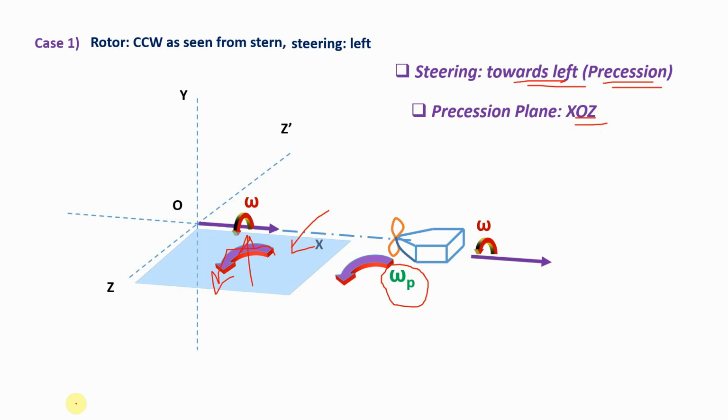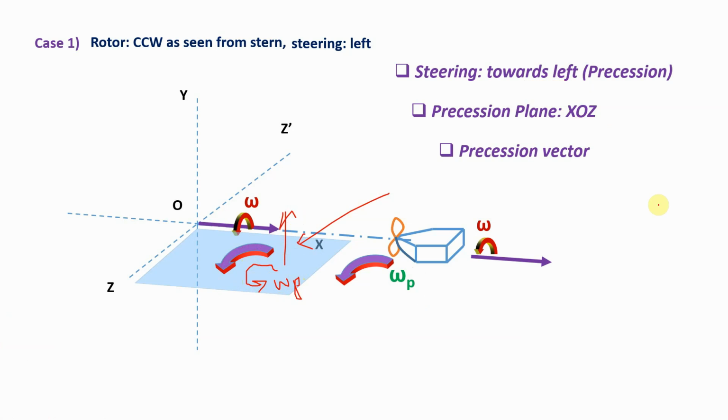So when we do that, thumb will point in upward sense. And that is our precision vector, which will act along OZ.